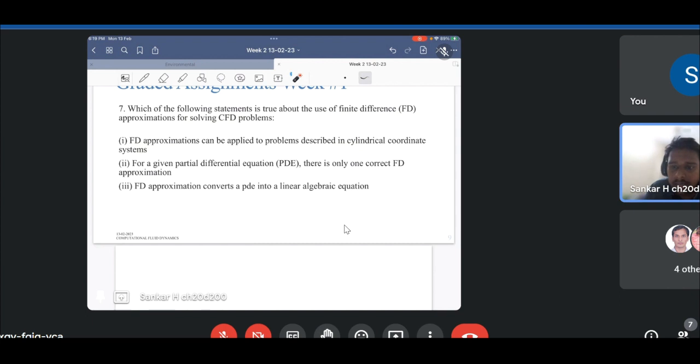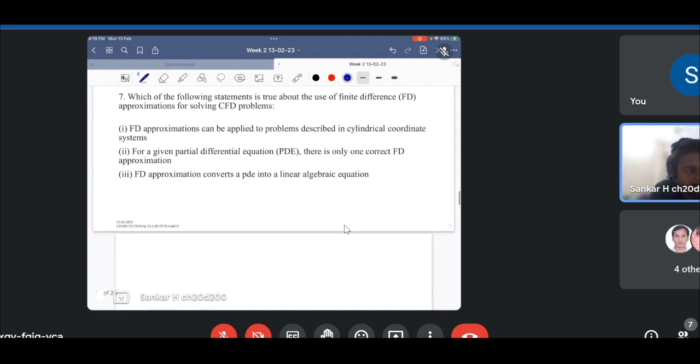Can I ask Mr. Anil Banawat to answer the question? Can I ask Vinay to unmute and speak? Is the first option, first option I think, okay.